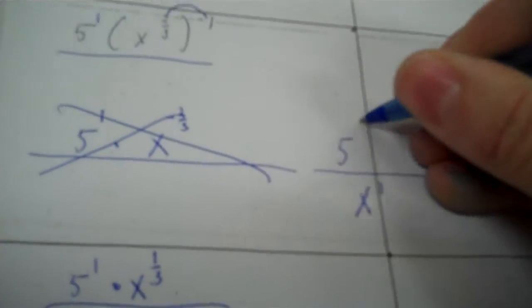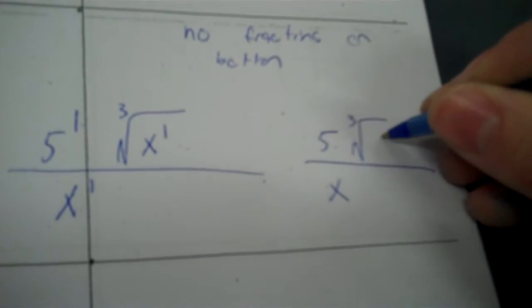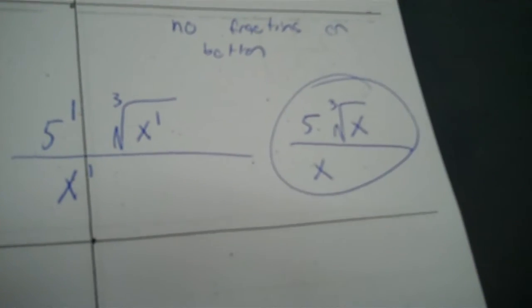So I now have x to the first, and 5 to the first, and then here I'm going to eliminate the bottom from there, because remember the fractions now I want to make into radicals, so it'll be a radical 3, and inside the radical 3 we put x to the first power. So 5 to the first is 5, x to the first is x, then I make a radical 3 over x. That's the answer.